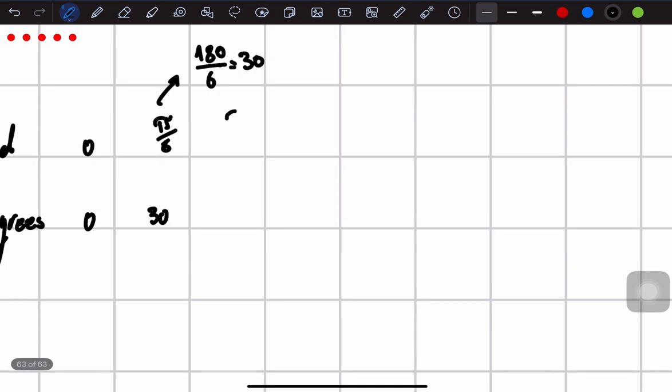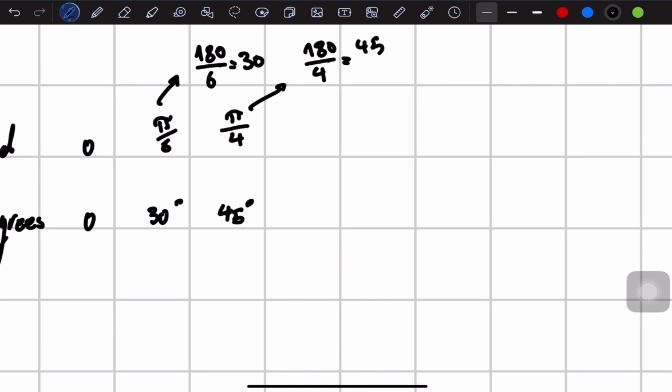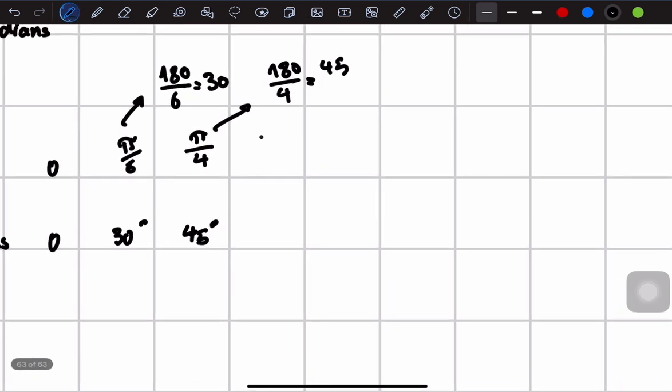Now again, pi over 4. 180 over 4 would be what? 45. So we write 45 degrees here. What about pi over 3? Again, 180 over 3 would be 60, and we write 60 there.